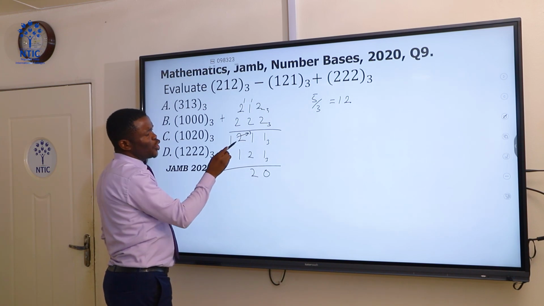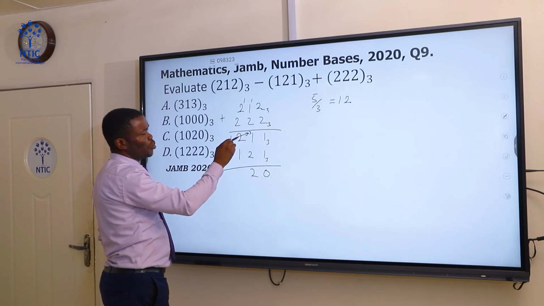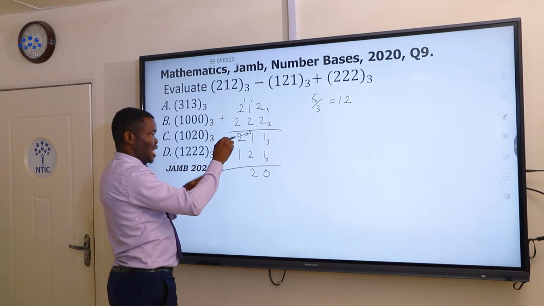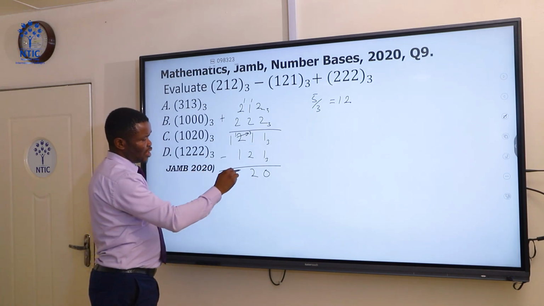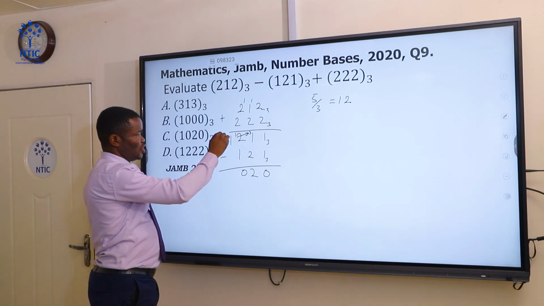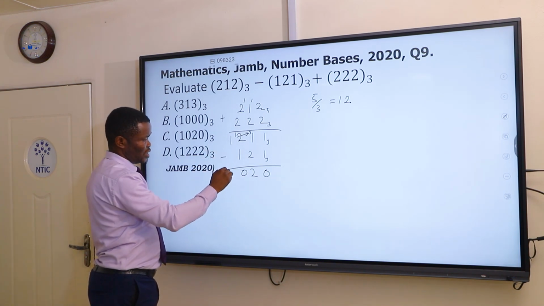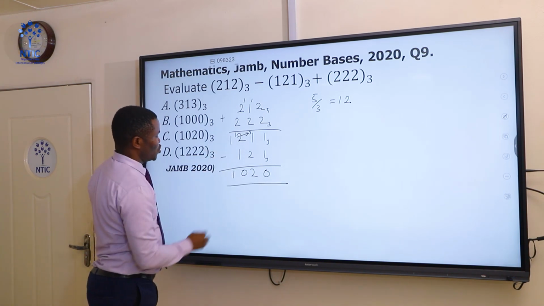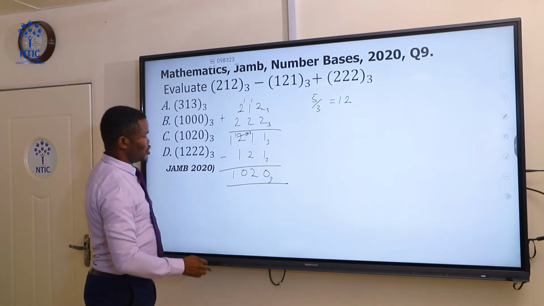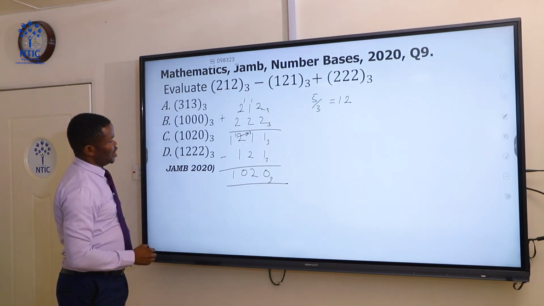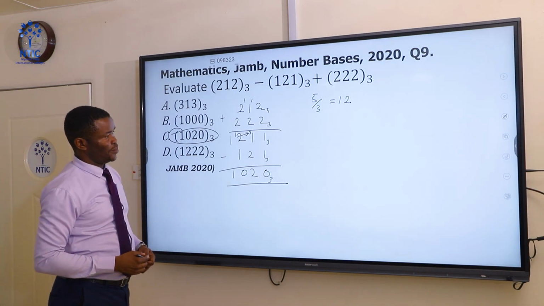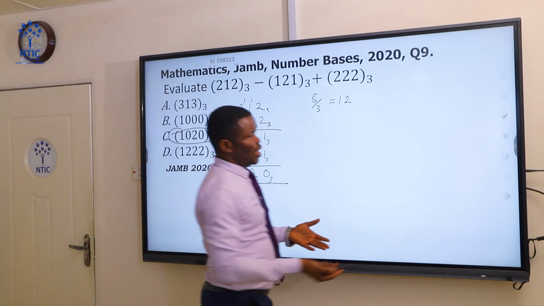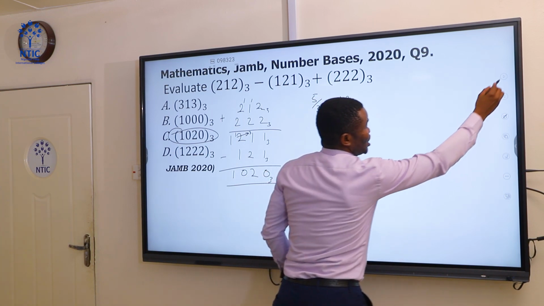Now, after taking a bundle of 3 that represents 1 here, there is remaining 1 here. So 1 minus 1 is 0. And 1 minus nothing is going to be 1. So this is 1, 0, 2, 0. And the answer is C. So that is it for this question.